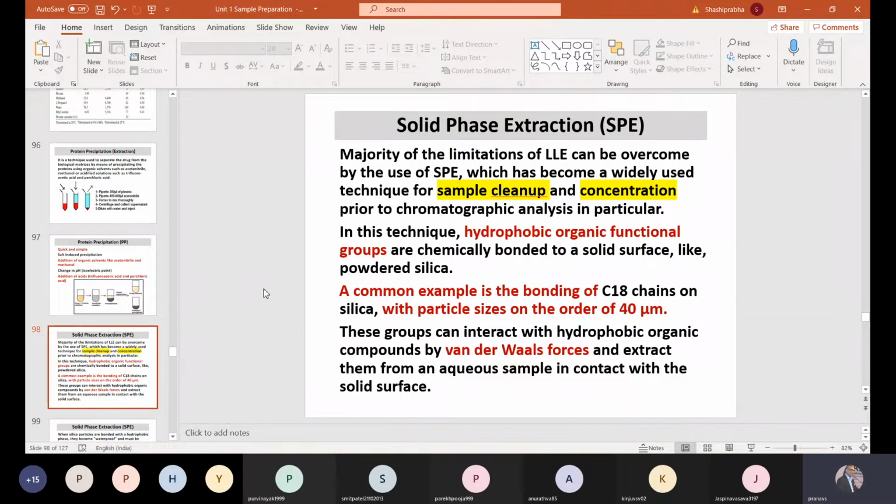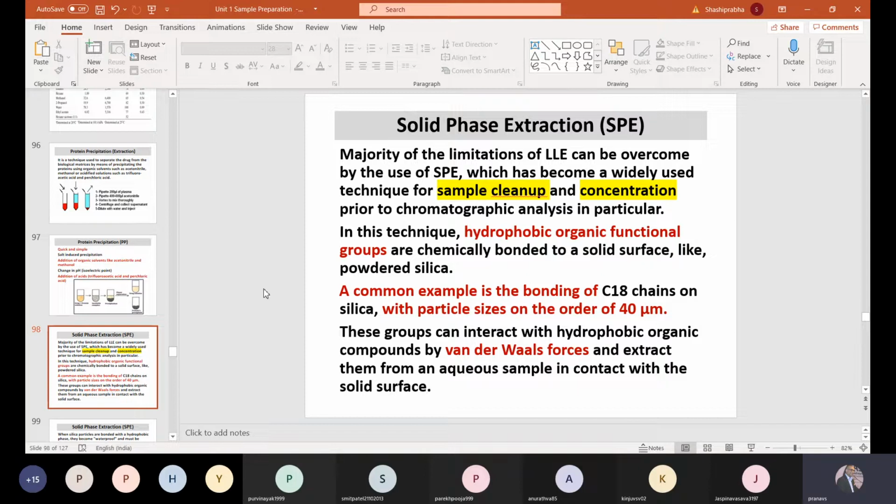But in solid phase extraction, we use around 30 or 40 micrometer particles, which are chemically bonded. And how do they interact with organic substances? Through van der Waals forces and many other forces, which we will see as we move ahead.